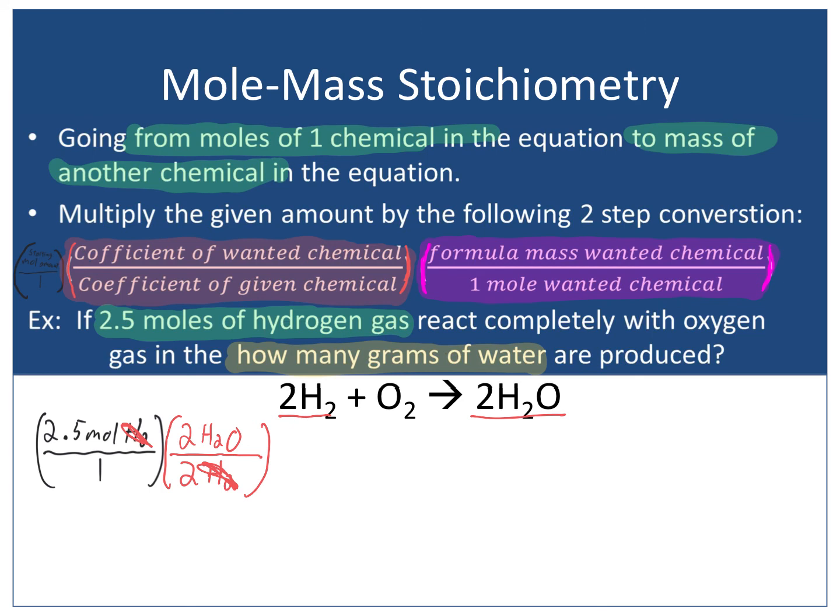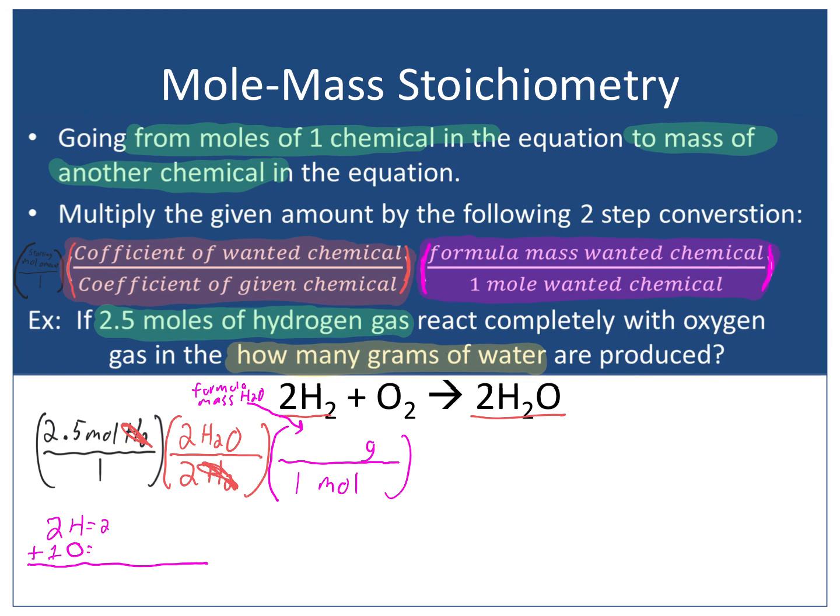The second part is some number of grams of water is 1 mole. This number of grams is the formula mass of water. So water is 2 H's plus 1 O, 2 hydrogens and an oxygen.